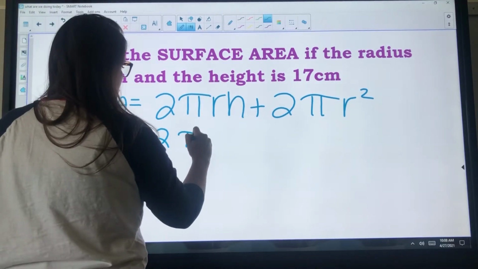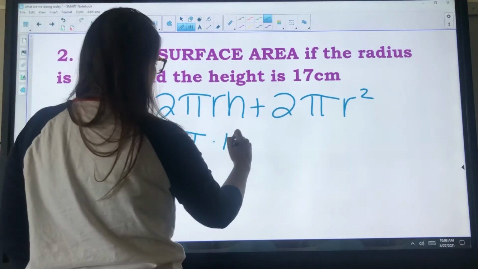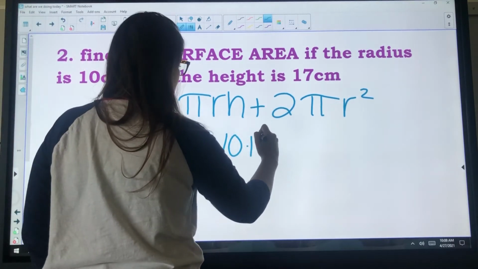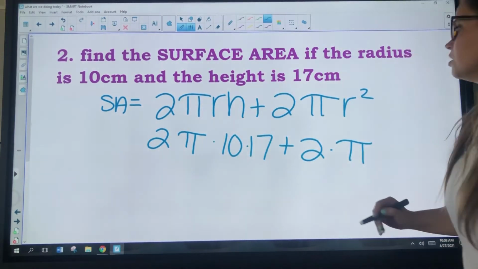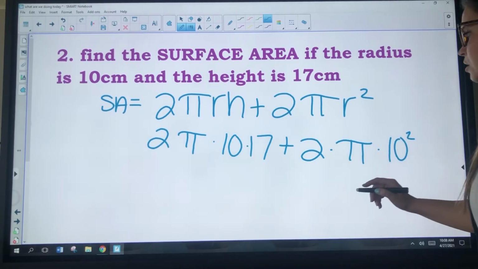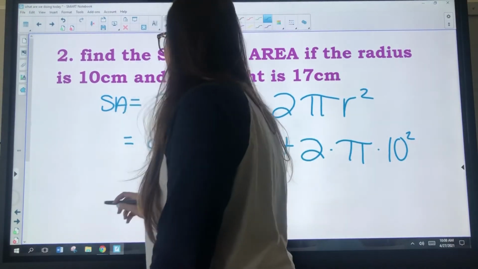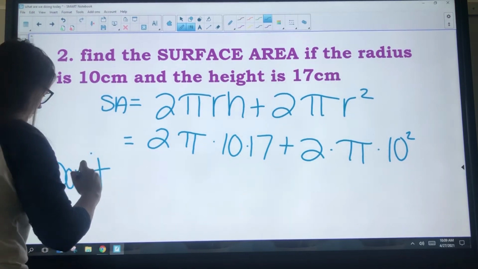2 times pi times 10 times 17 plus 2 times pi times 10 squared, or 100. And again, don't hit pi.